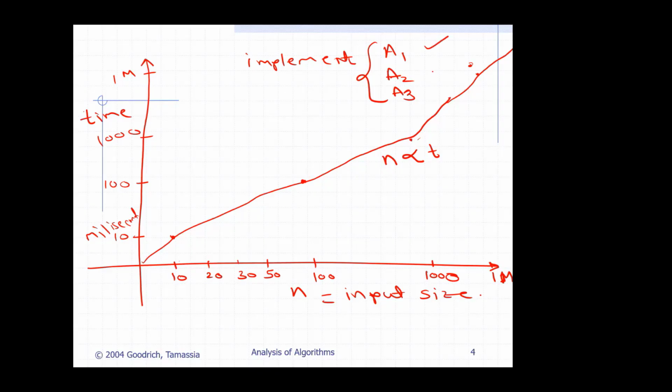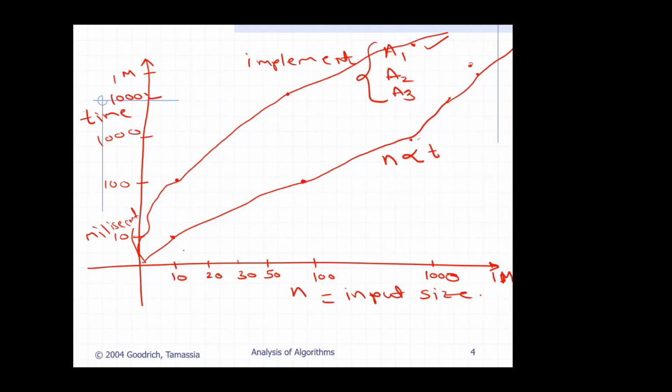So let's say I have another algorithm A2. When the input is 10, it takes 100 milliseconds. When it is 100, it takes, let's say, 10,000. When it is 1000, let's say it takes 1 minute. You will see that the growth of the time relative to the input is in terms of n square.